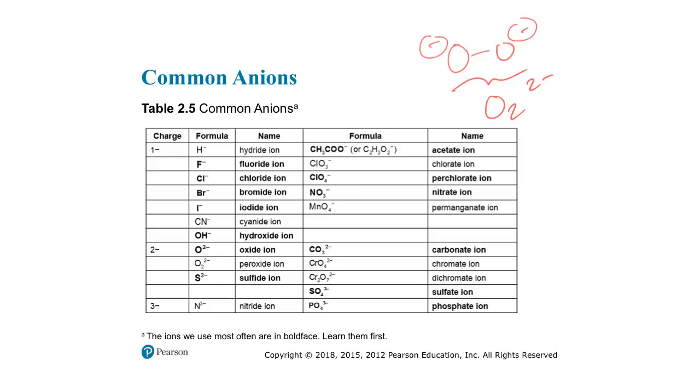We also see this a lot with oxygen bonding to nonmetal elements like chlorine and nitrogen for chlorate ion, perchlorate ion, nitrate ion. We also see it happen with carbon for carbonate. Metals as well, permanganate ion, MnO4-, dichromate and chromate ions. We see sulfate and phosphate ions, kind of wrapping up this particular chart.